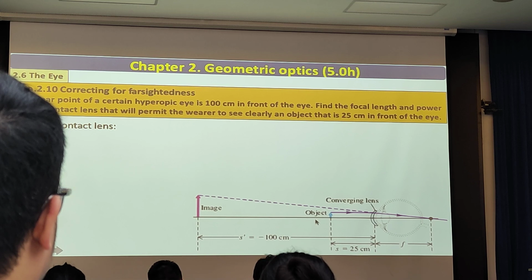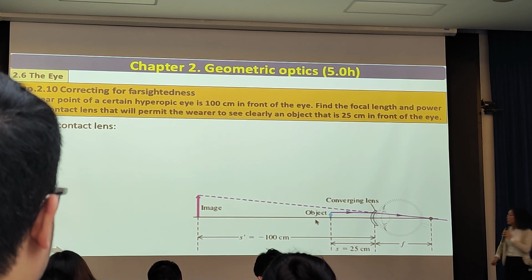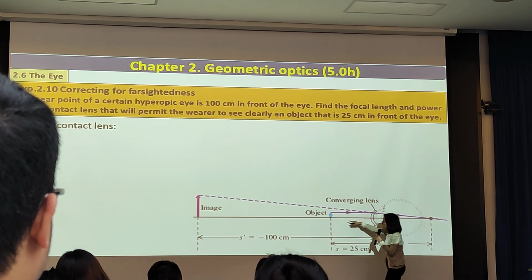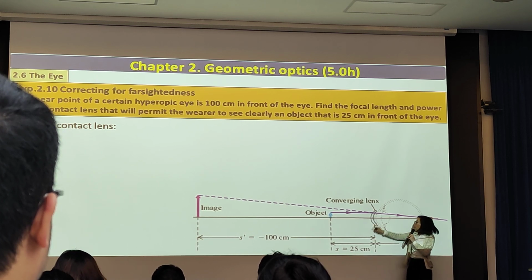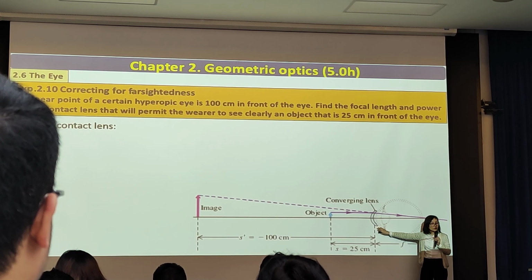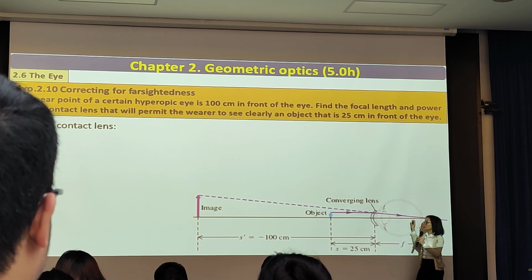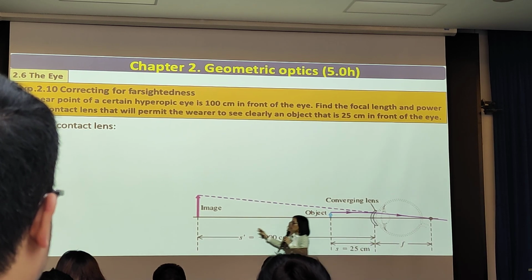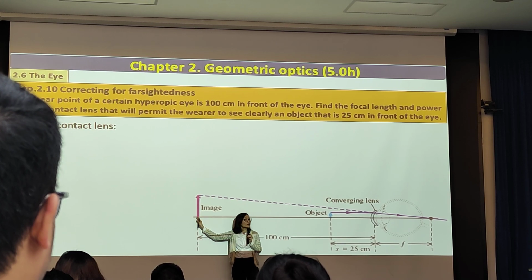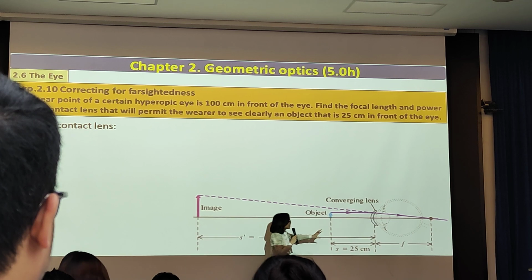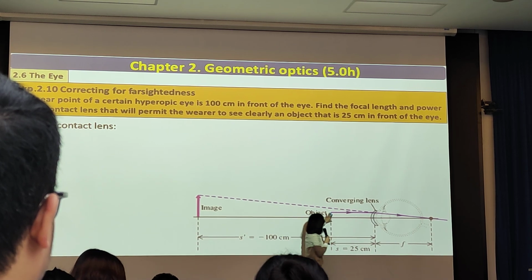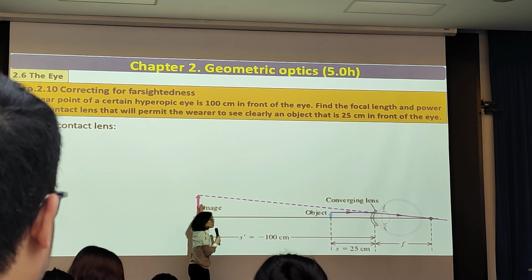So what you need to correct for this eye is that you put an object at the normal position of the near point, 25 centimeters. Without this converging lens, for sure you cannot observe that, because this eye can only observe an object which is 100 centimeters far away. Yes, you see. So that's why they use a converging lens to form the image here.